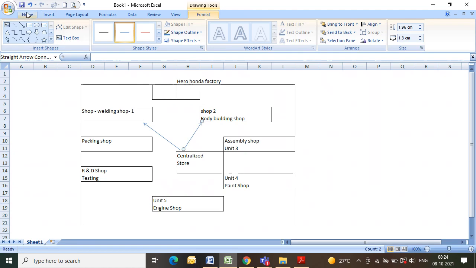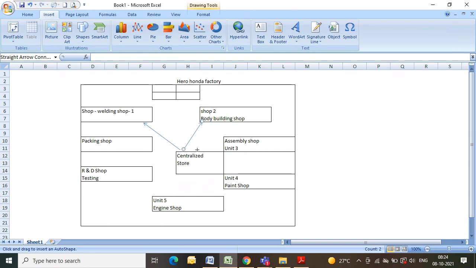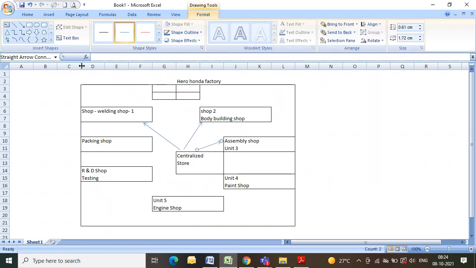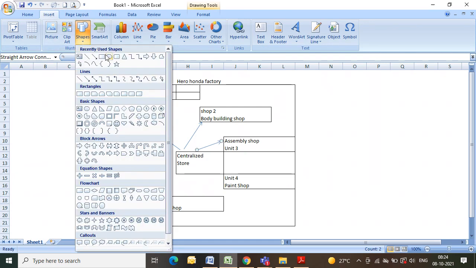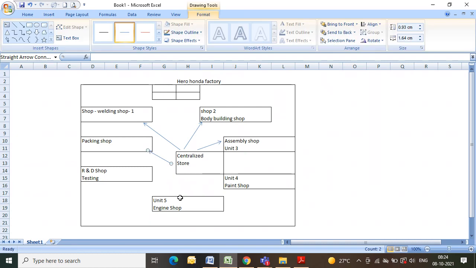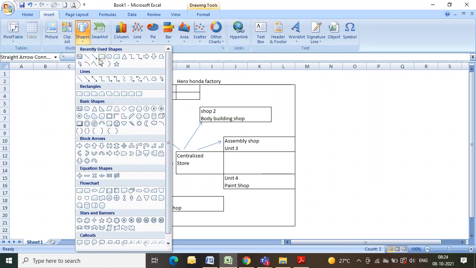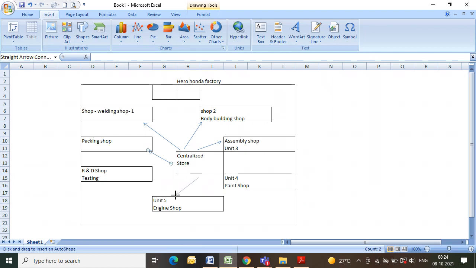The assembly unit needs a material, they will ask the store. Packing material needs, they will ask the store. So whichever department needs material, each department goes to the store to ask for it.